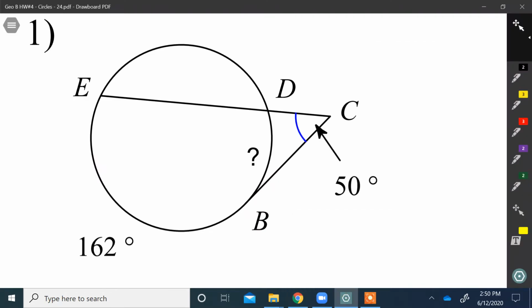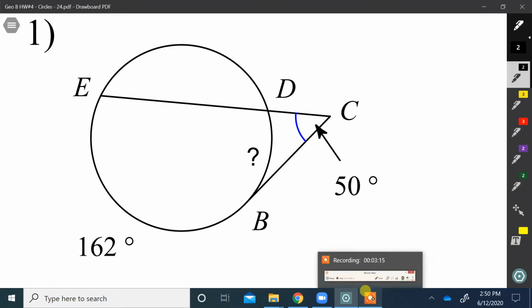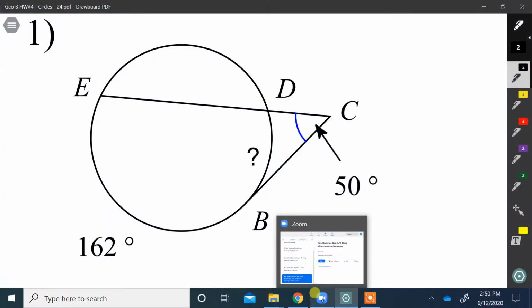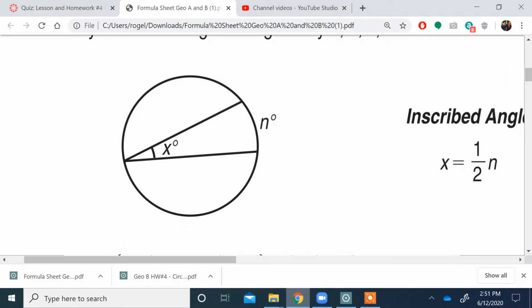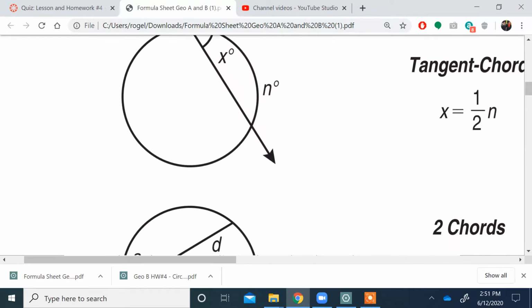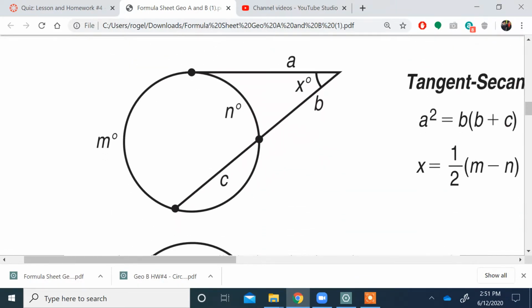When I look at this, I see that I have a tangent and a secant. I'll just have to look for something that looks just like that, guys. So I'm going to go back to my formula sheet and ask which one looks kind of like that. As you can see, it's this one right here.